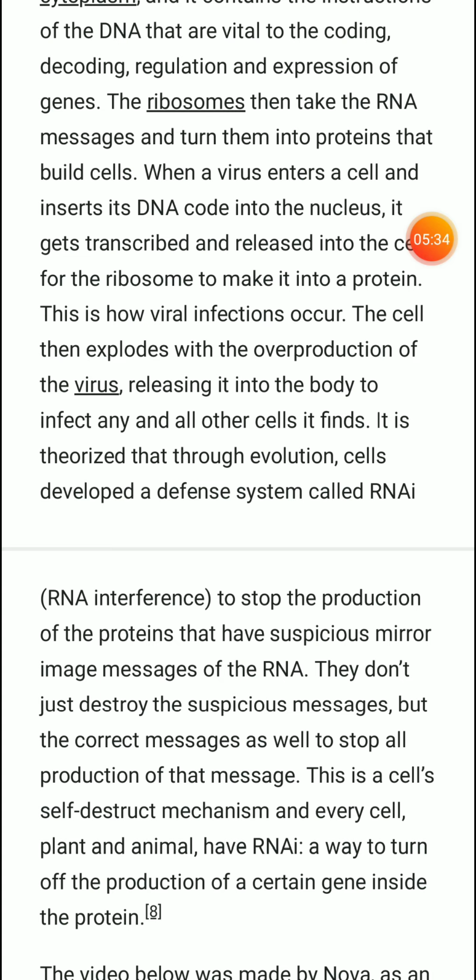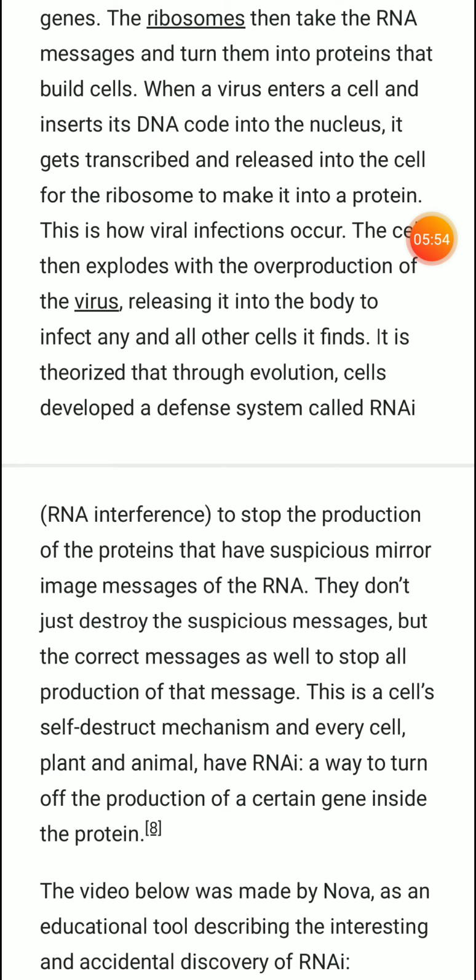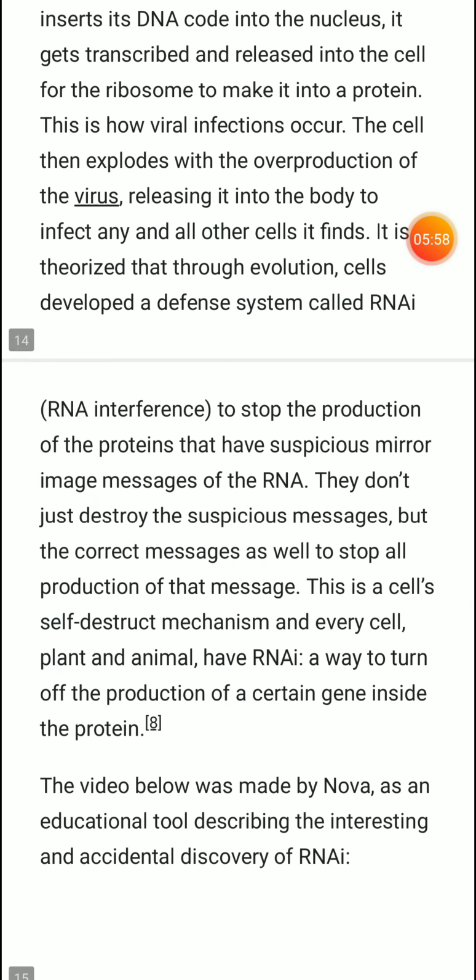They don't just destroy the suspicious messages, but the correct messages as well, to stop all production of those messages. This is a cell self-destruction mechanism, and every cell, plant and animal, has RNAi, a way to turn off the production of a certain gene inside the protein.